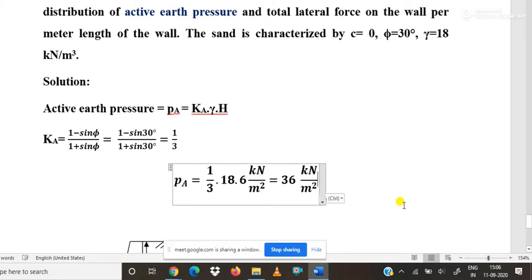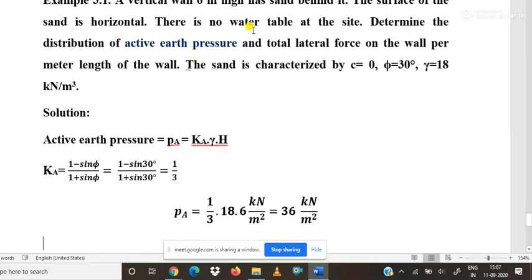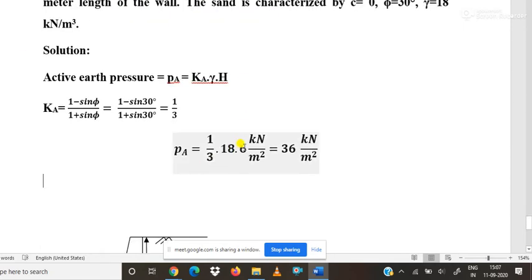Okay, now coming to the pressure distribution diagram, because here we determine the distribution of the active earth pressure.